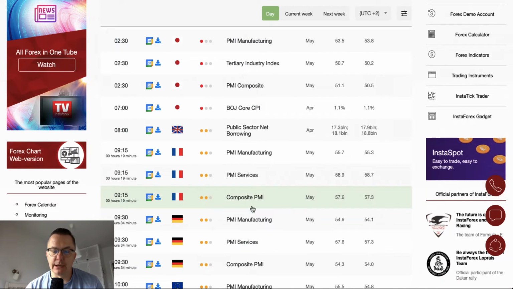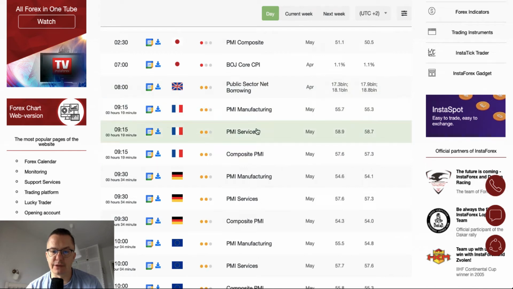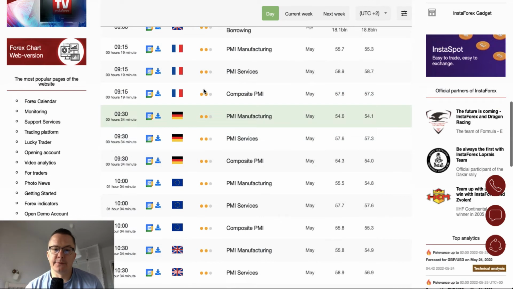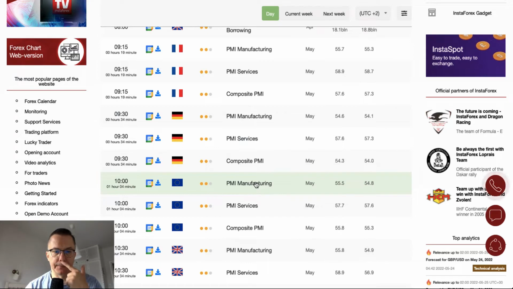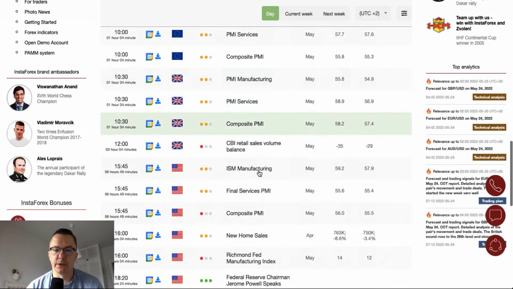The other data, very similar to the ones published overnight, are the PMI services, manufacturing and composite data from across the Eurozone. France, Germany and the Eurozone itself will all publish the PMI services, manufacturing and composite data during the early London session. The same situation is for the United Kingdom.